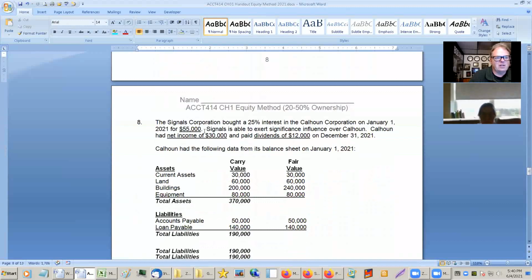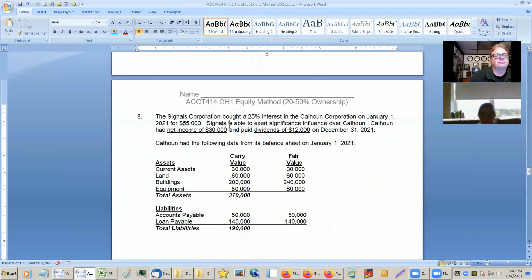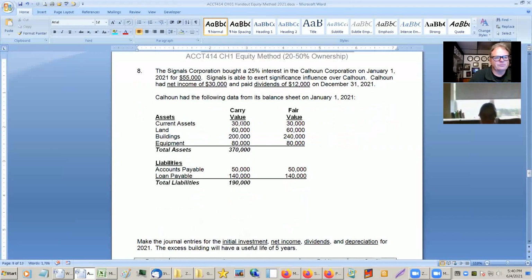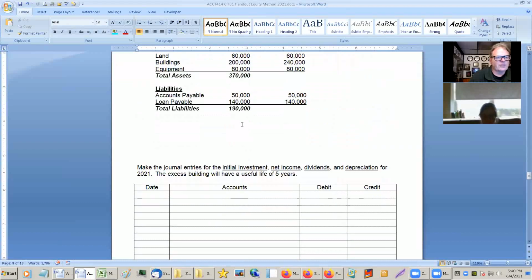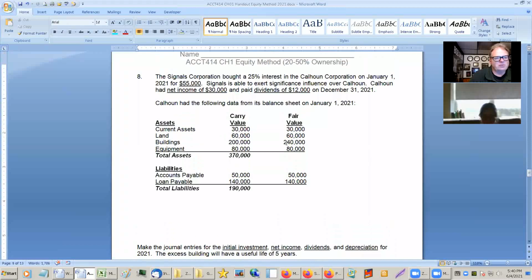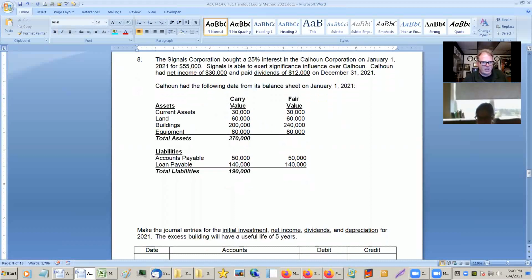And this is where it gets a little bit tricky. Here we have the carrying value of the assets and liabilities.